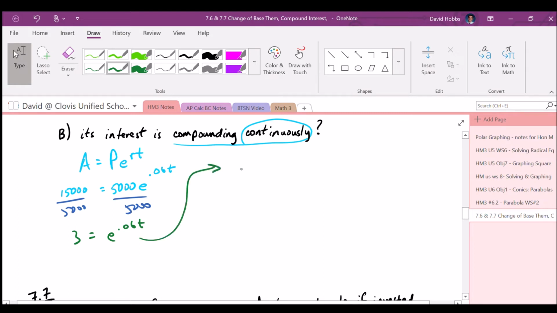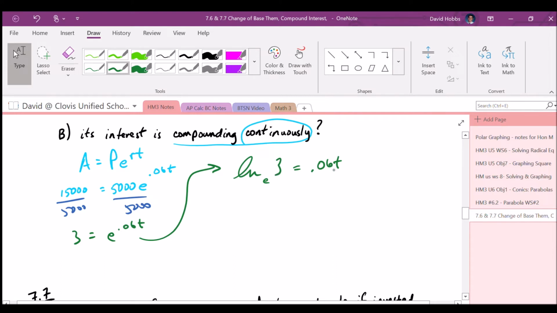So log, and it's base e, and you go, oh, it's actually natural log. As soon as you start recognizing that kind of stuff, you could just go immediately to natural log. On the other hand, it might still be helpful to go ahead and write in the base, even though you're writing natural log. So e, there's the equal sign, the 0.06t goes on the other side of the equal sign, and that means you've got 3 right there.